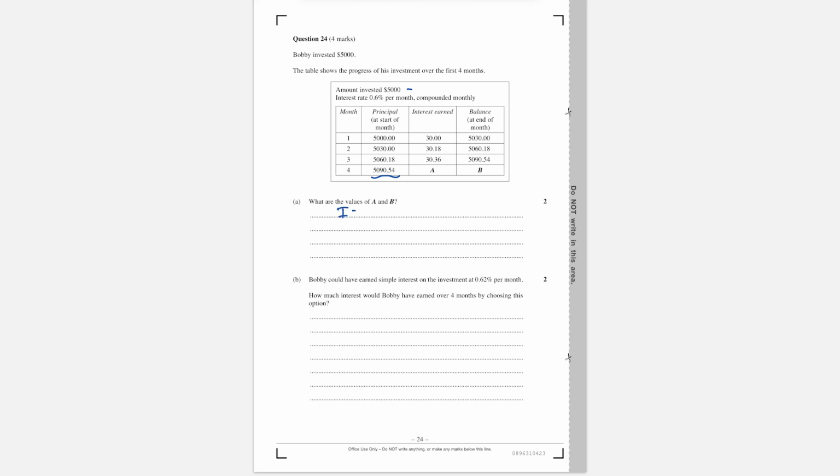So I equals PRT in this case. 5090.54 times the rate, which is going to be 0.006 times 1.